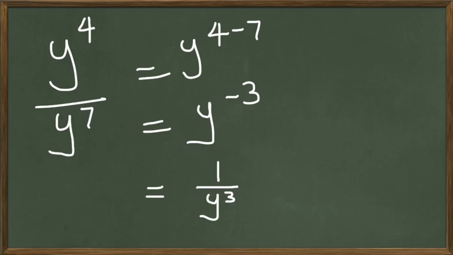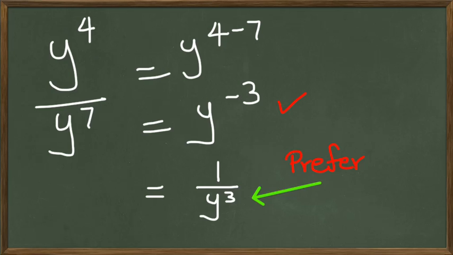So both of these two answers are correct, but we prefer this answer here. Y to the power of negative 3 is still correct, but we prefer positive indices.